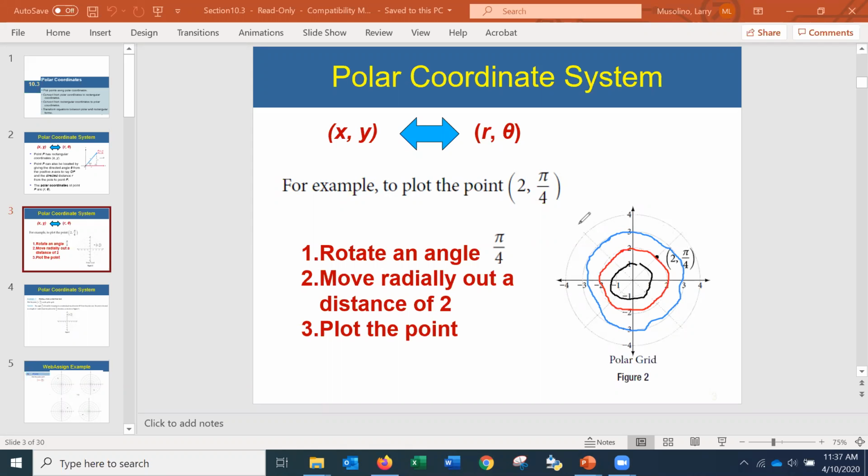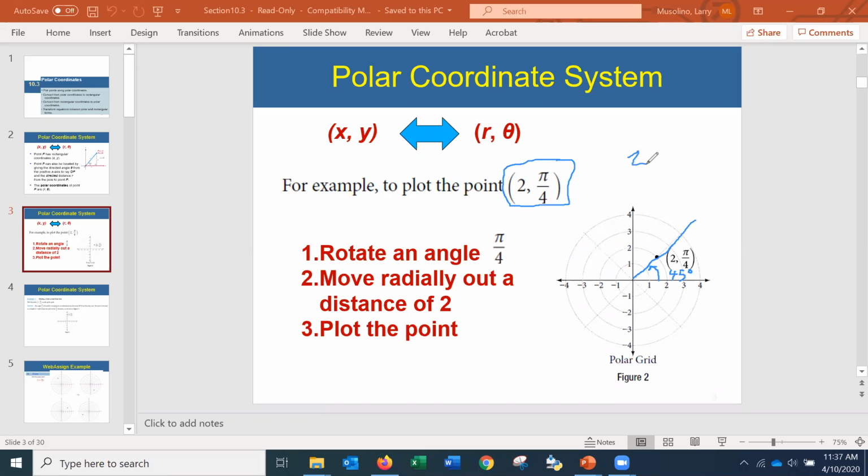So what I want to do then is plot this point 2 comma 45 degrees. First I'm going to rotate 45 degrees, which takes me to this radial line here in blue. That radial line represents the angle 45 degrees.